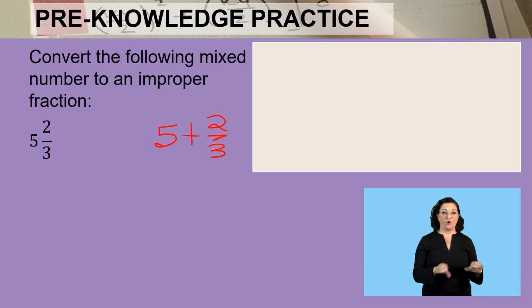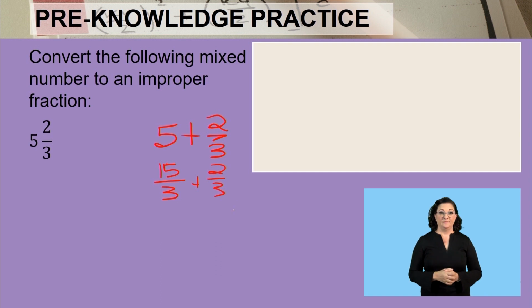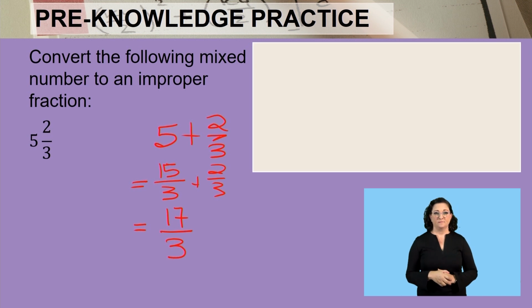So we're going to write an equivalent form of 5 as 15 out of 3, plus 2 out of 3. Now the denominators are the same, and we can add the numerators. 15 plus 2 is 17 out of 3. Now you have 17 out of 3 as an improper fraction.